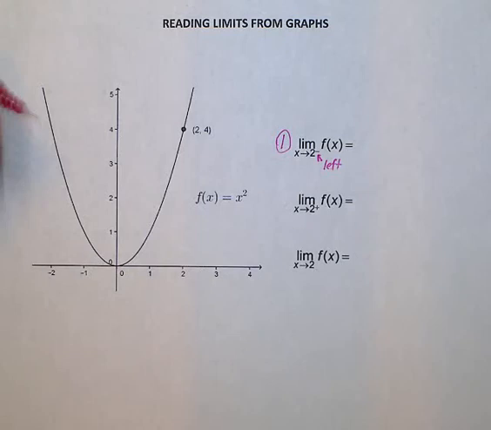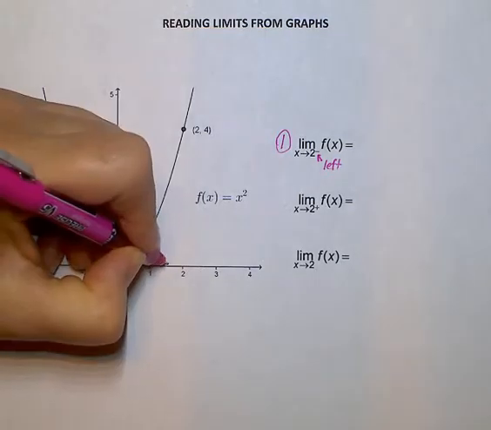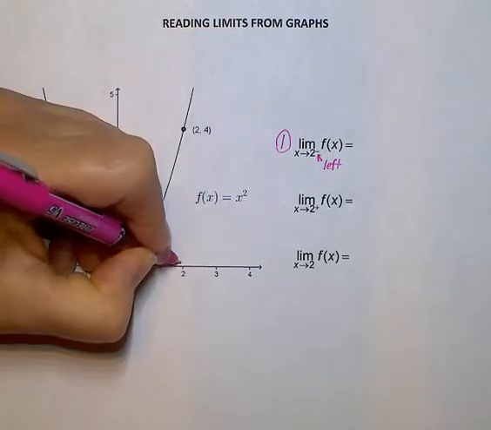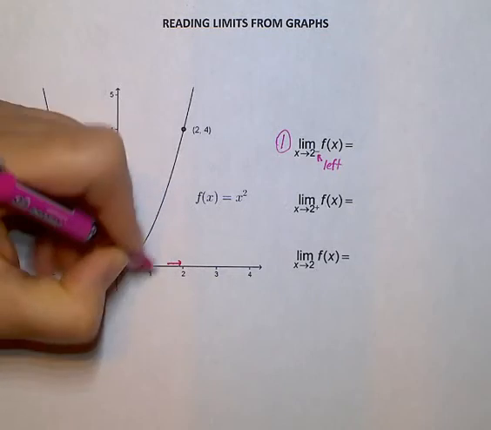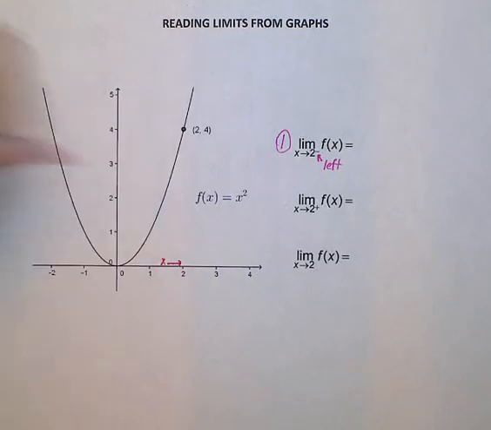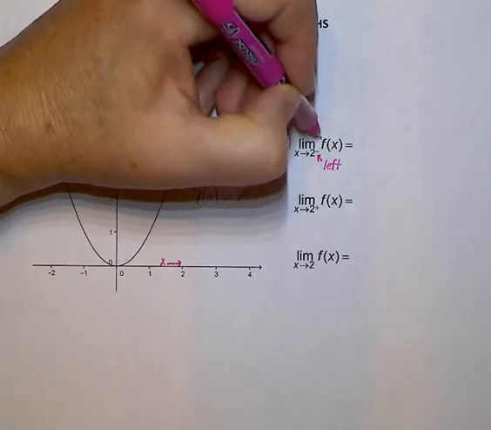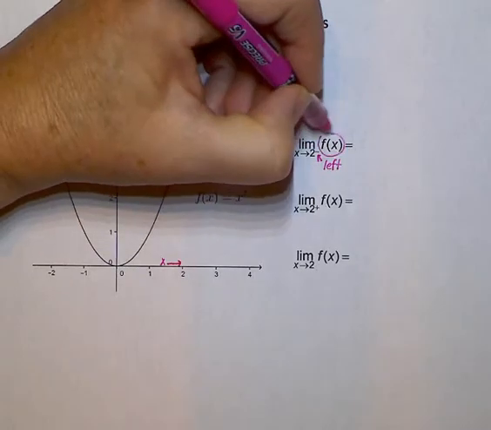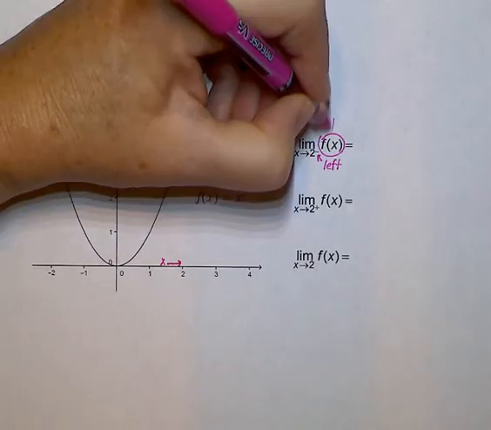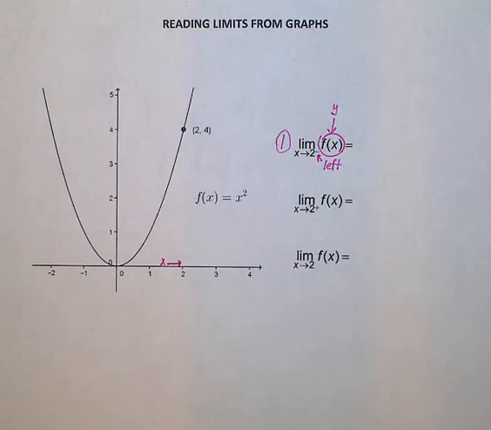So this is asking us to look at x values that are getting really close to 2, like 1.9, 1.99, 1.999, really close to 2. And then it's asking us what is happening to the f of x values. Remember, f of x means the y values.